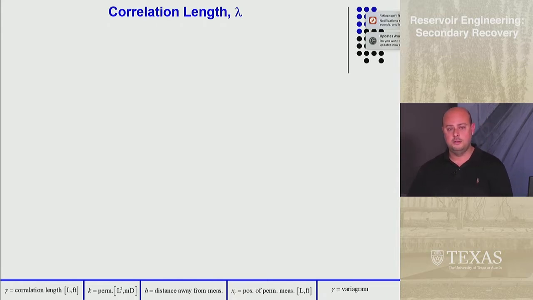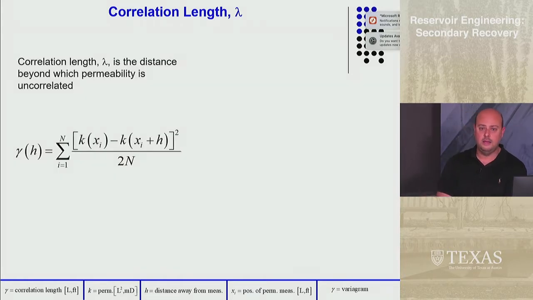And likewise, if you took a sample from a well far away and it had a low permeability, then any additional samples you would take in the nearby region would probably also have a relatively low permeability. There would be some scatter, they're not going to be the same, but they'll be correlated. And that's related to the geological processes by which these reservoirs were created. We like to quantify that length, and we call it the correlation length.